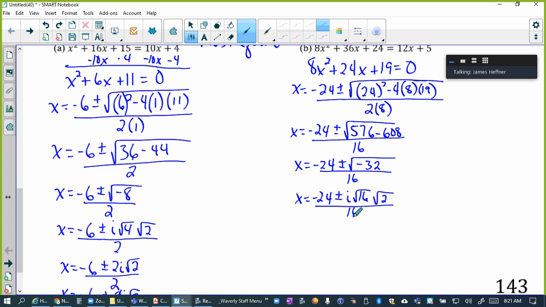All over 16. Let's keep simplifying. Negative 24 plus or minus what? 4i, I guess I prefer to write 4i. 4i square root of 2 divided by 16. All right, so it's not quite in a plus bi form yet.